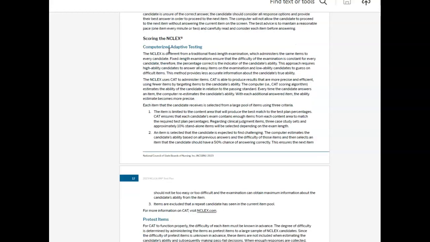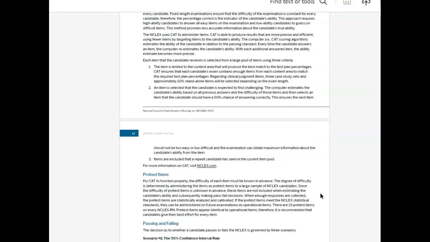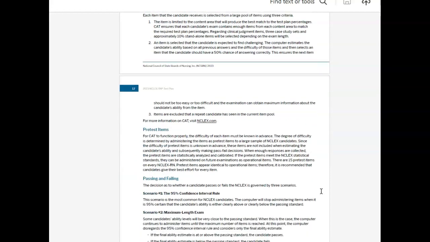And the computerized adaptive testing kind of talks about how that works. We have another video on that item that talks about pre-test items. So for a CAT to function properly, the difficulty of each item must be known in advance. So the difficulty for one person may be different than the difficulty for another person. So it gives you a few pre-test items.